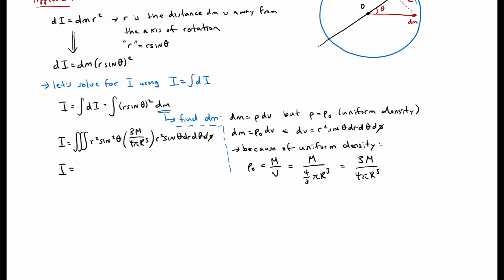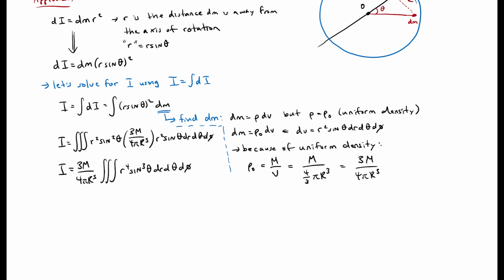So why don't we try and simplify this a little bit more? Let's pull out all of the constants. So we have 3m/4 pi r cubed, and then the triple integral of r to the 4 sine cubed theta dr d theta d phi.